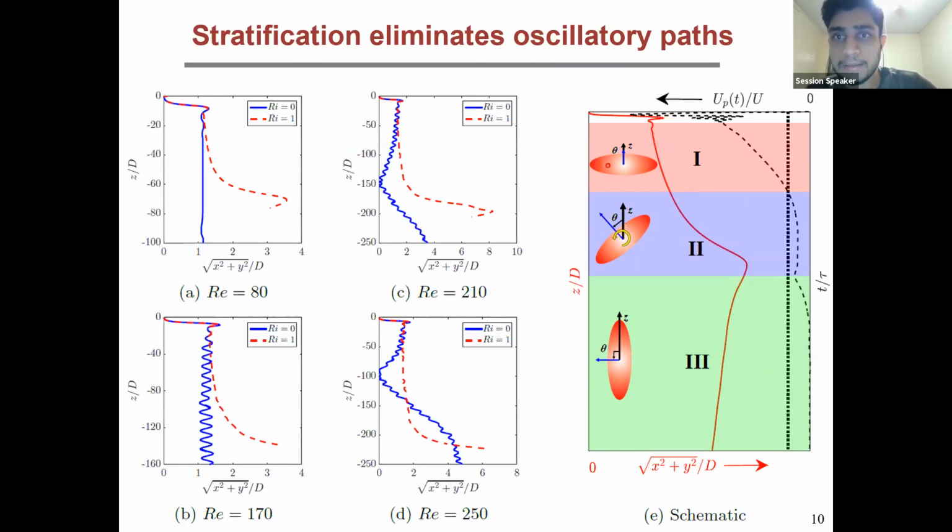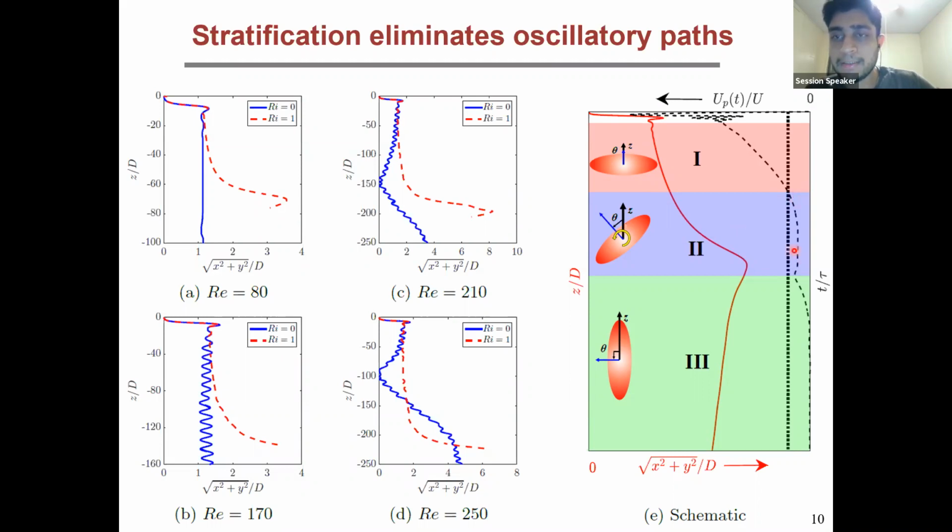The first regime is when the particle settles in a horizontal orientation like this, similar to a homogeneous fluid. But once its velocity falls below the threshold at which the reorientation instability sets in, it starts to reorient, and as it reorients, it deflects in the horizontal direction.